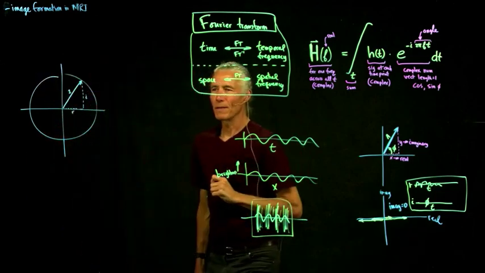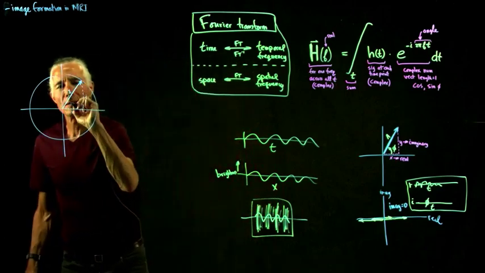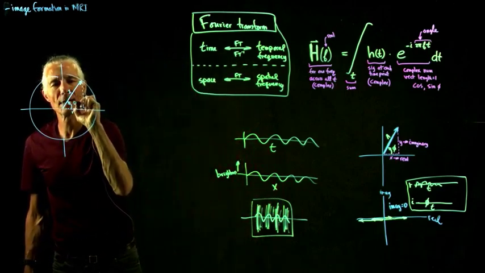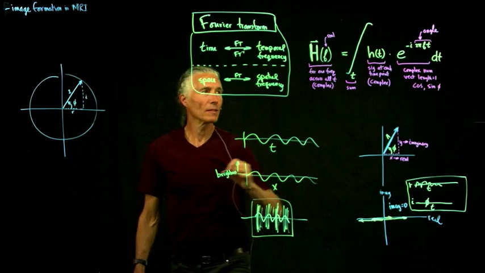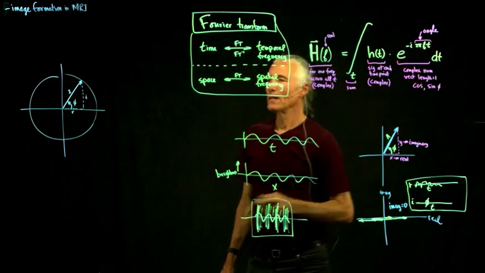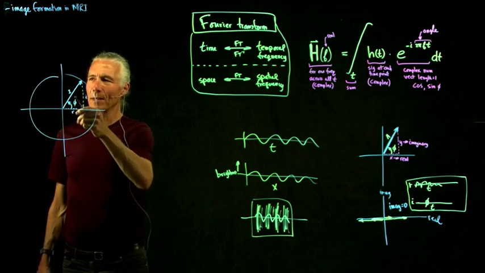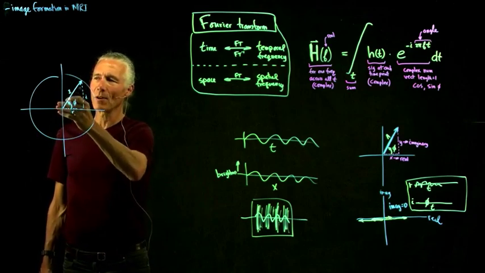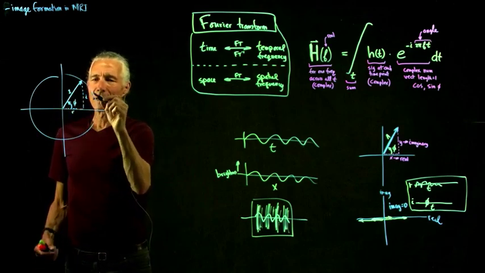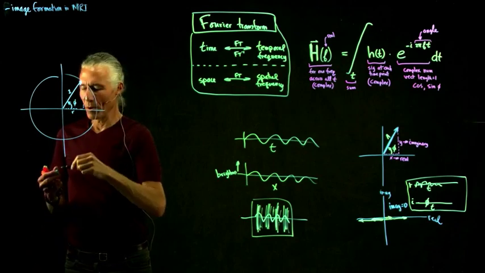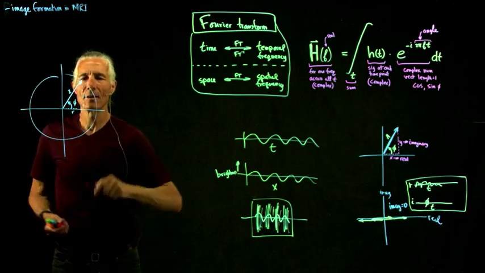Here's that angle, the angle that we're talking about, this angle right here. If you think of that complex number, a number whose length is always 1, what is the real component going to be?